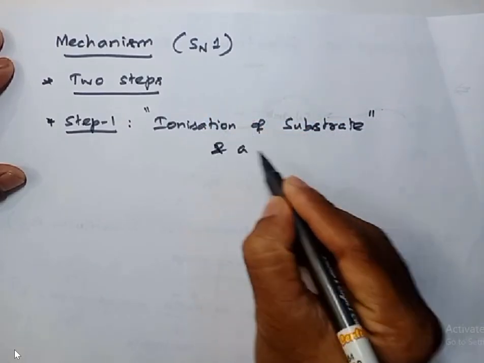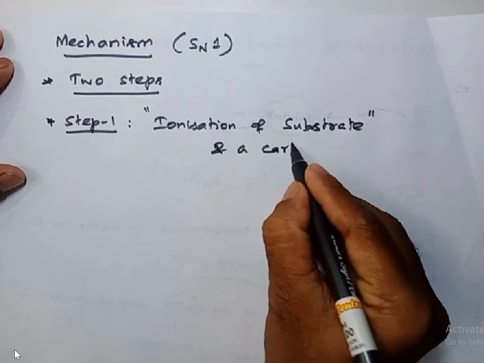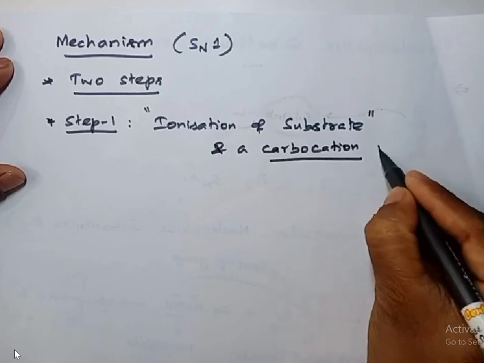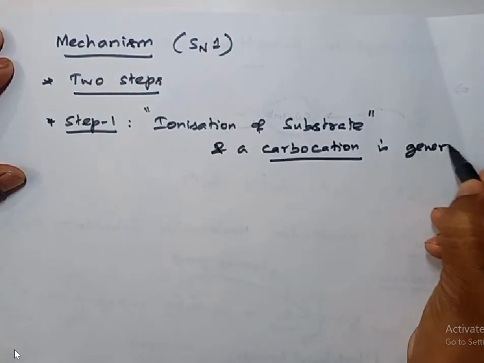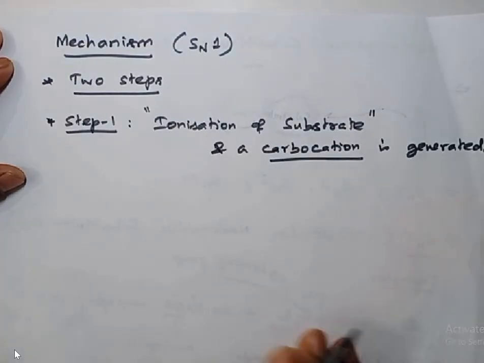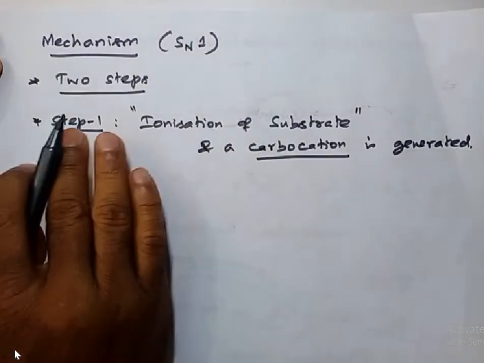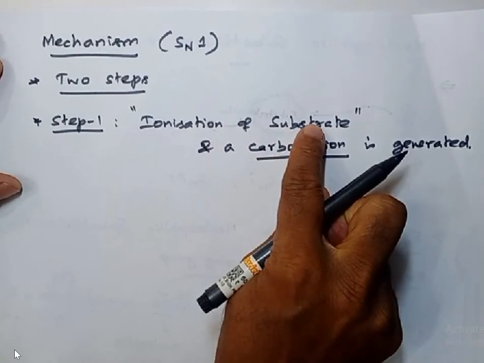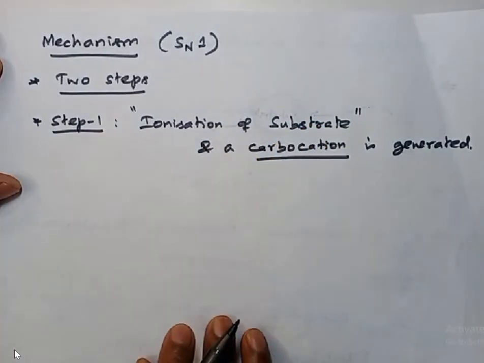A carbocation is generated. In step 1, the substrate molecule undergoes ionization and hence a carbocation is generated.